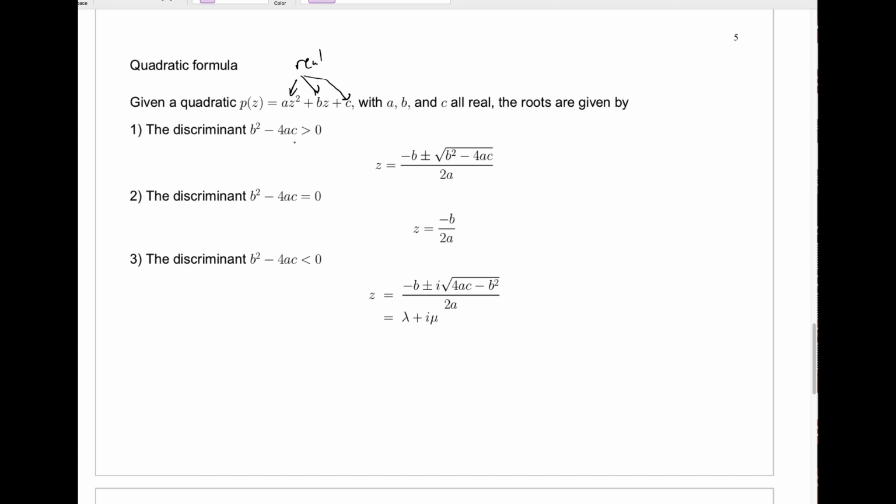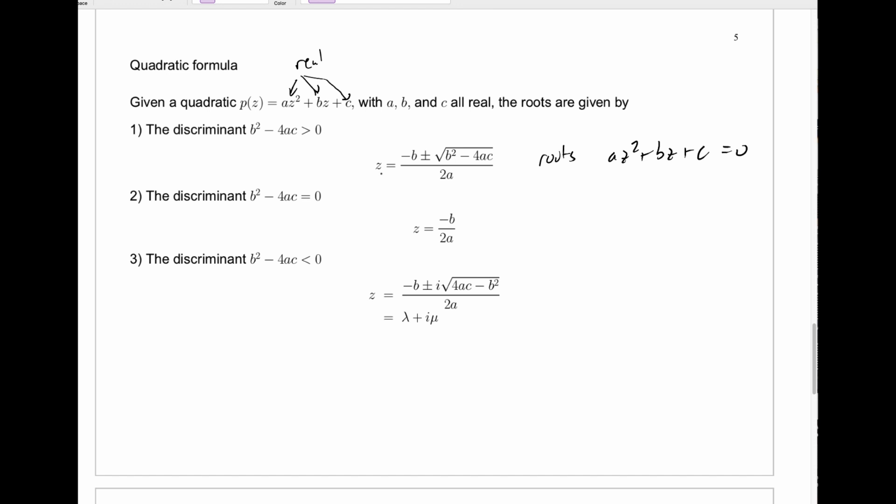If the discriminant of this quadratic, and the discriminant is the term b squared minus 4ac, is positive, all of you know that the quadratic formula tells you there are exactly two roots of this quadratic. In other words, these are the roots of the quadratic equation az squared plus bz plus c equals 0.